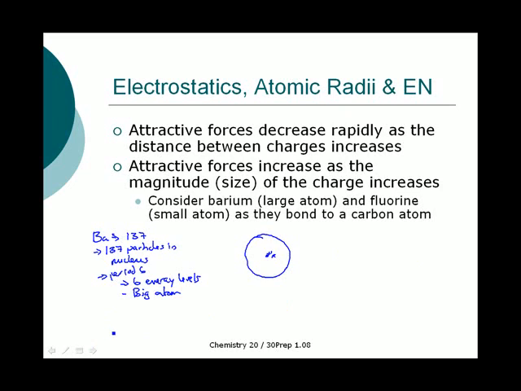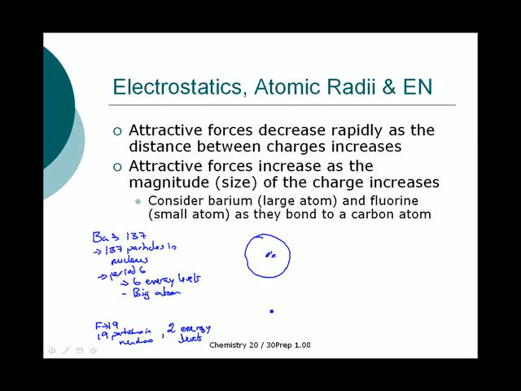When we look at fluorine, fluorine only has 9 particles, or I should say 19 particles. Its molar number is 19. So it has 19 particles in the nucleus, but it only has 2 energy levels, because it's in period 2.